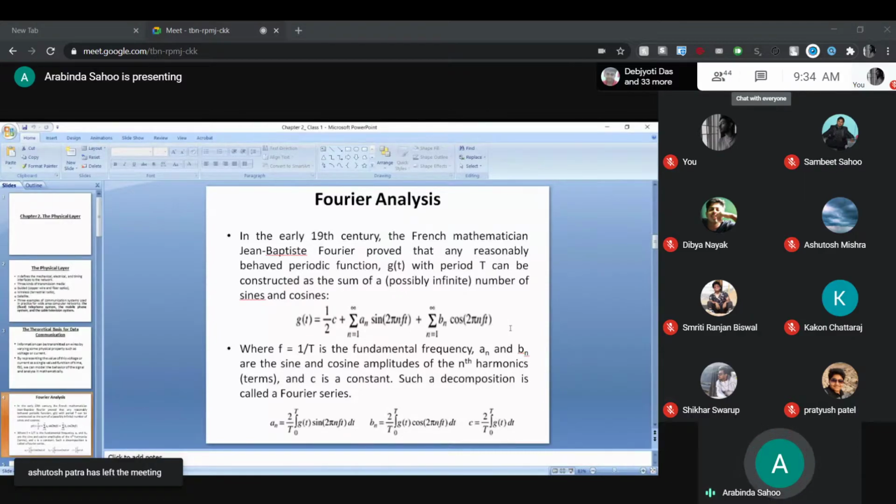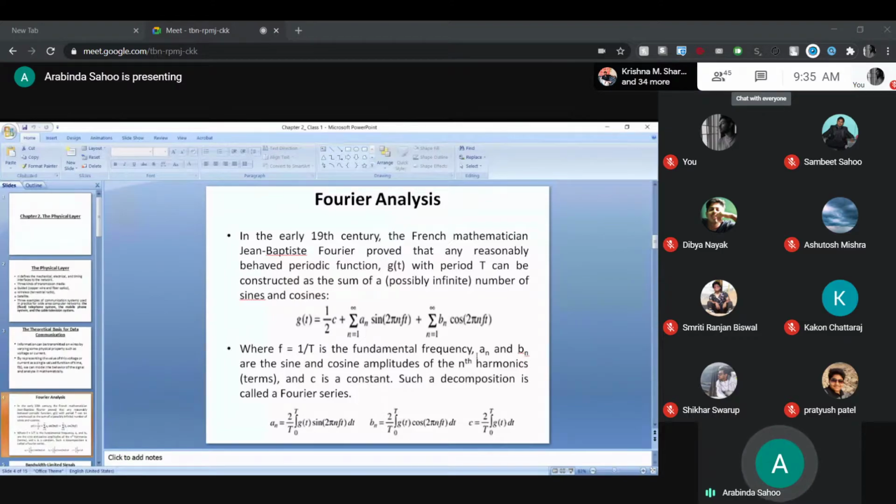So if you expand this mathematical expression, which is known as the Fourier series, it consists of one constant term that is equal to 1 by 2c, plus infinite number of sine and cosine terms, where f is equal to 1 by t, which is the fundamental frequency.